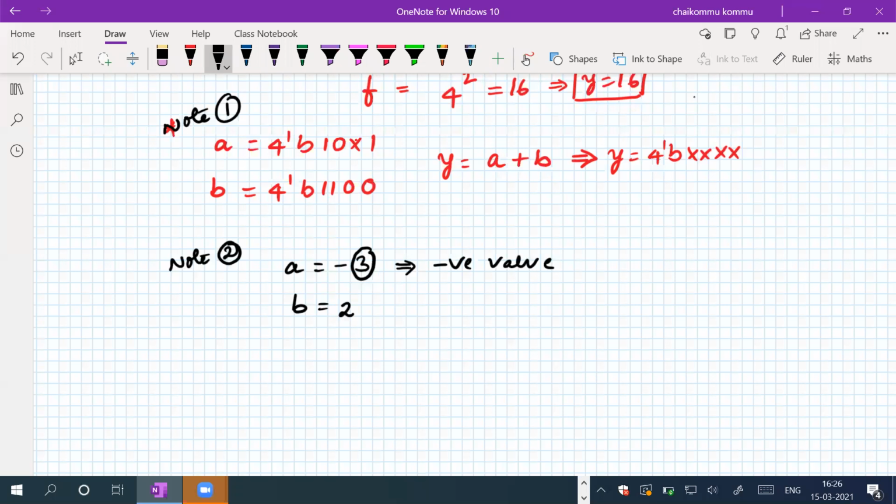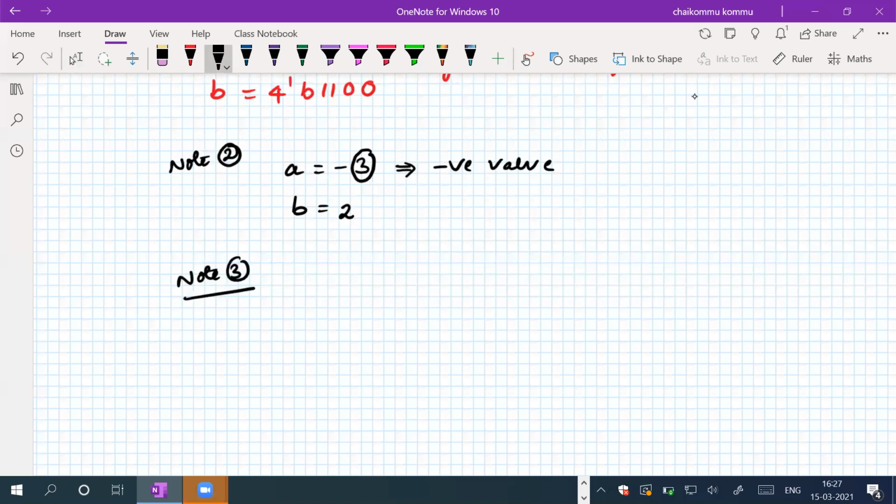Okay, we'll take another example. Next we will consider another example, note number 3. For example, 13 modulus of 3, what will it do? It is representing the remainder.